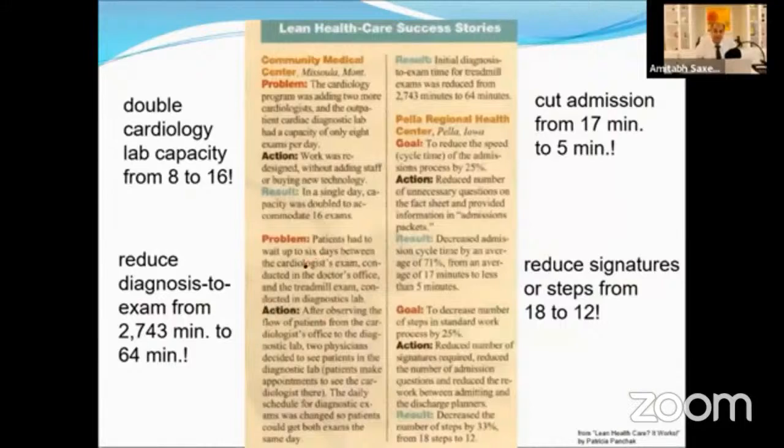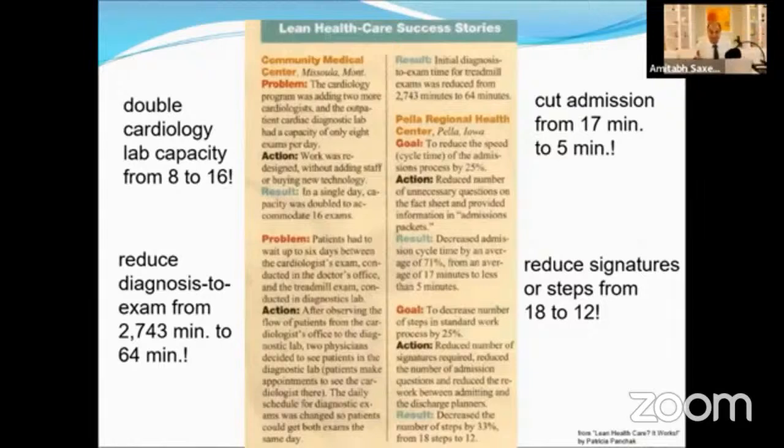How? Earlier, patients had to wait up to 6 days between the cardiologist exam conducted in the doctor's office and the treadmill exam, which was conducted somewhere else in the diagnostic labs. So typically, patients are moving from one place to another. After observing the flow of patients from the cardiologist's office to the diagnostic lab, which was a waste of movement, waste of transportation, 2 physicians decided to see the patients in the diagnostic lab.